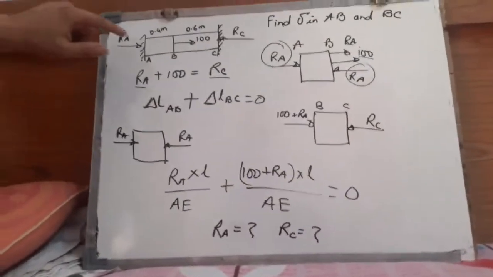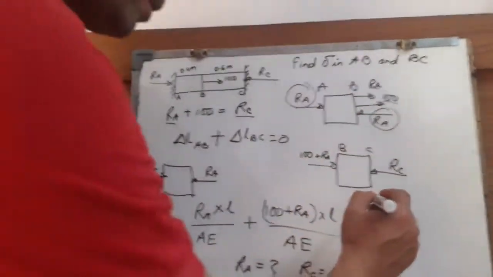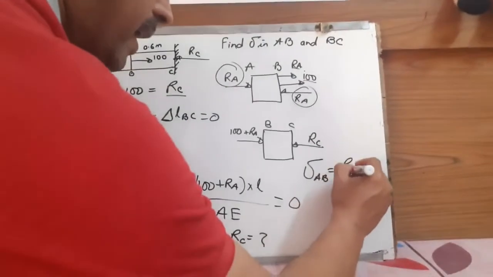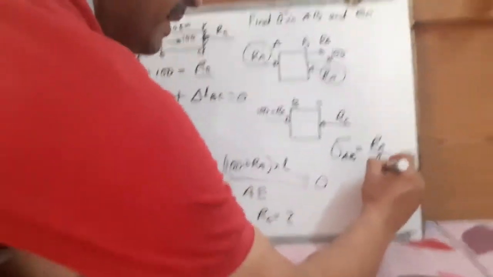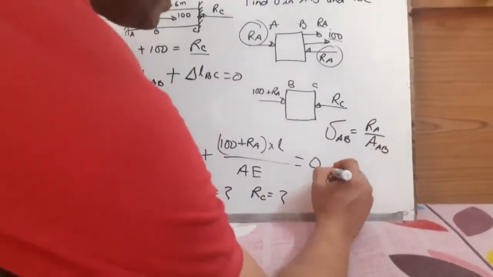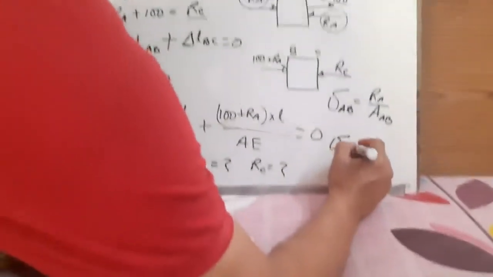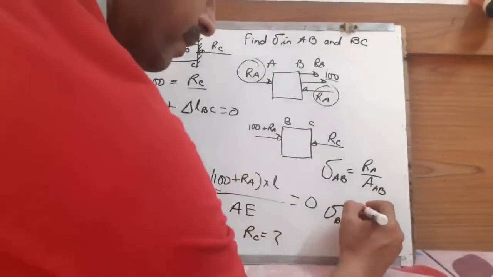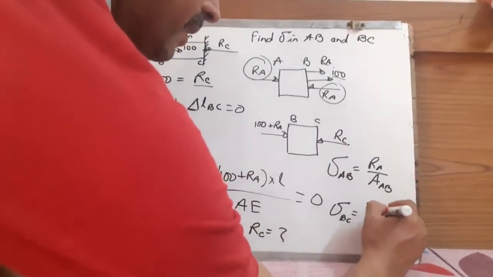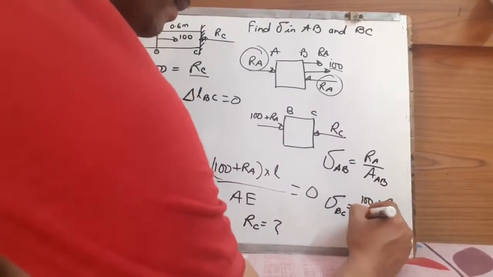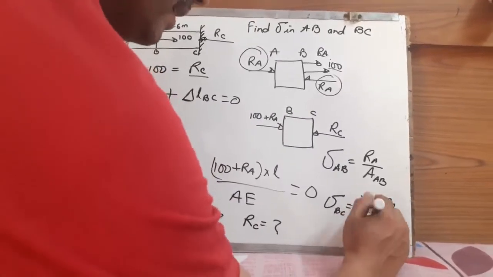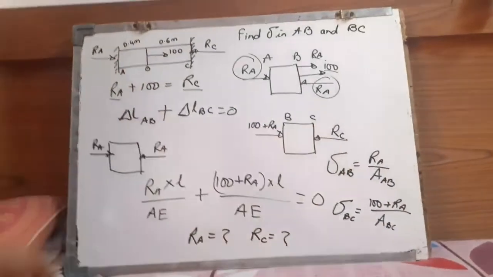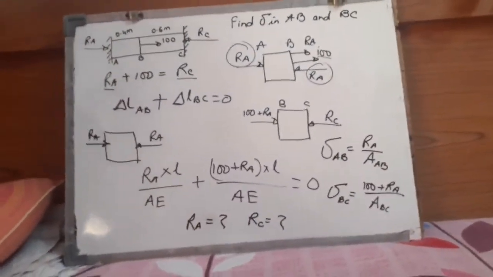So the stresses produced in AB: you can say that stress in AB is equal to RA divided by cross-sectional area of AB, and stress produced in BC is equal to, BC carries a load of 100 plus RA. So this is 100 plus RA divided by cross-sectional area of BC. So now you can calculate the stresses in both the members.